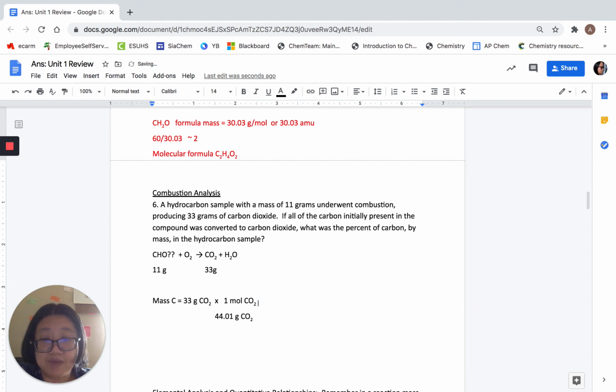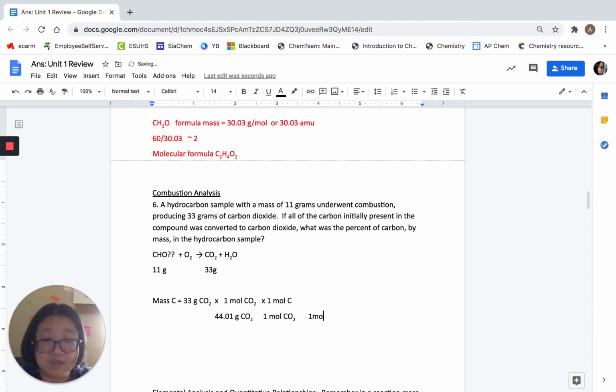Okay, so now we get the mole. Now what we need to do is convert that into mole of C. You will see that 1 mole of C is in 1 mole of CO2, right? And afterward, you do mole to gram.